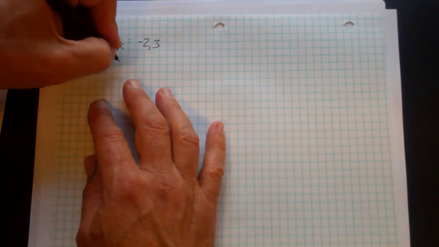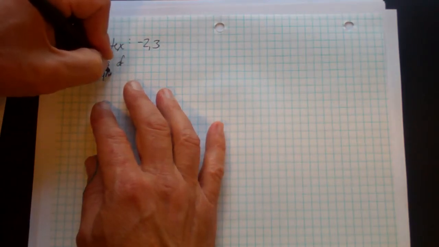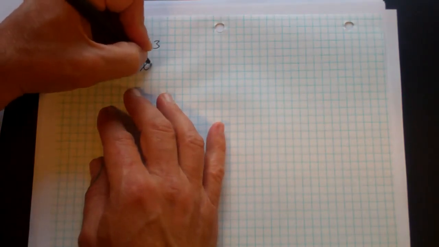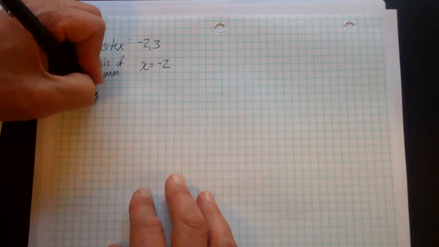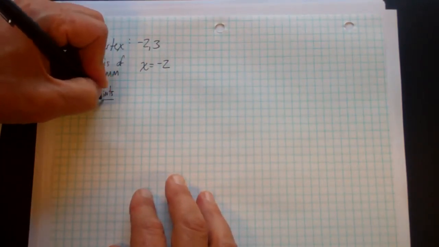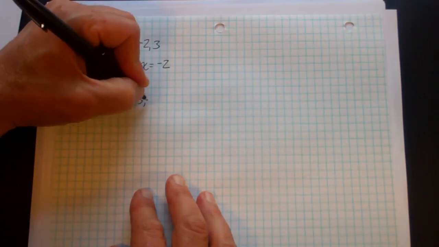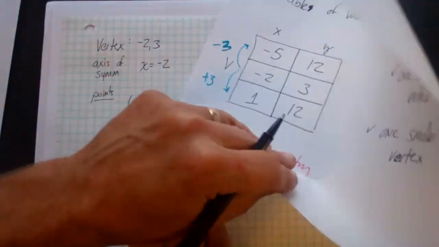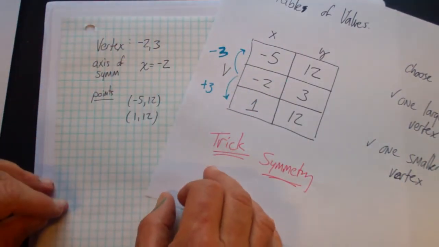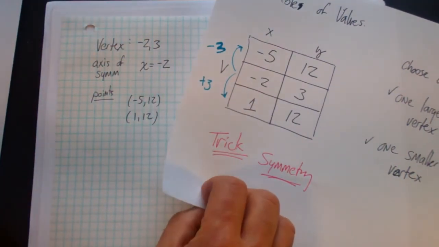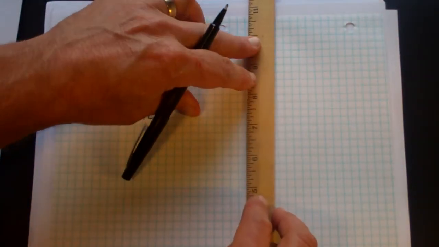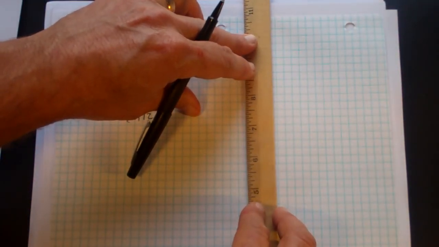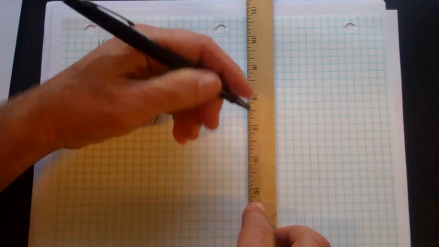Our axis of symmetry is x is equal to minus 2. And our additional points are minus 5, 12 and 1, 12. We got that just from our table of values right here. Now all we need to do is draw an XY graph, draw in these points, and then sketch in the parabola.